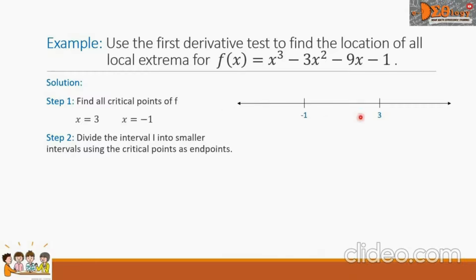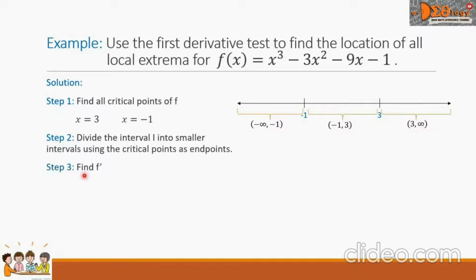We can see that our number line here is divided into 3 sub-intervals. The first interval we name as from negative infinity to negative 1. The next interval is from negative 1 to positive 3. And the other interval here is from positive 3 up to positive infinity.